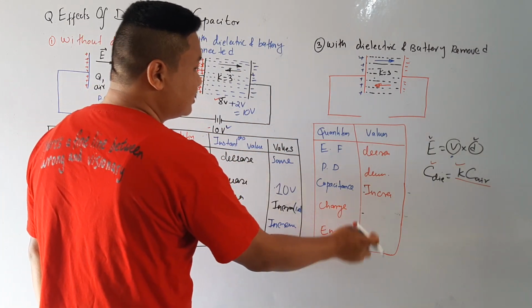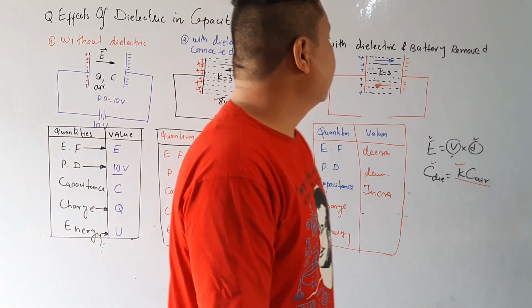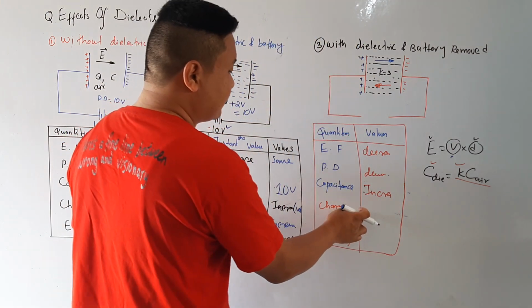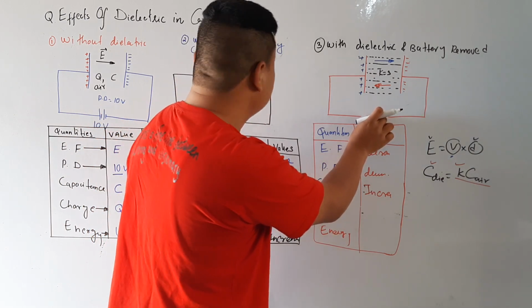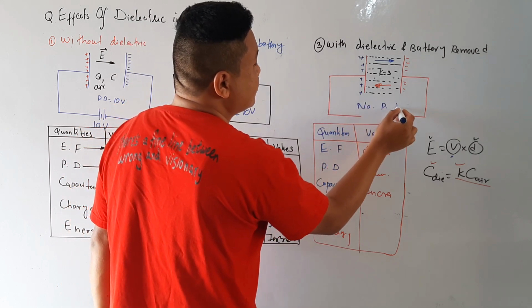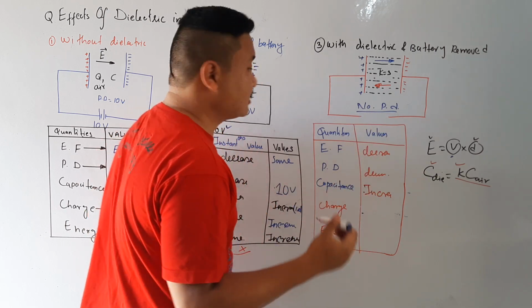Then what will happen to the charge? If the capacitor is charged, there is no external battery. It means there is no potential difference driving a flow of charge.